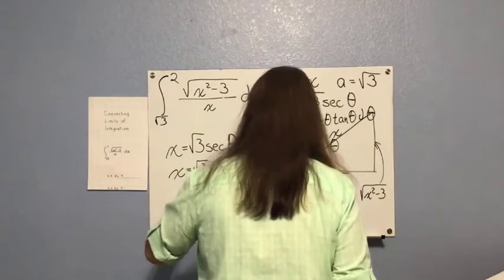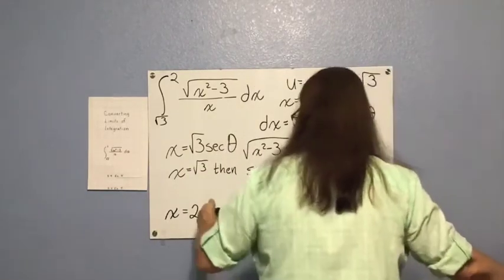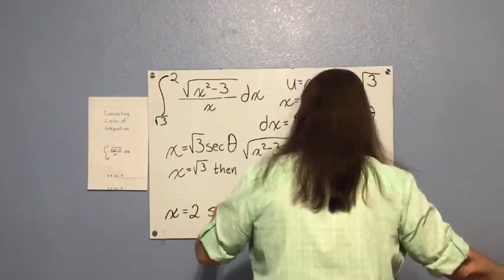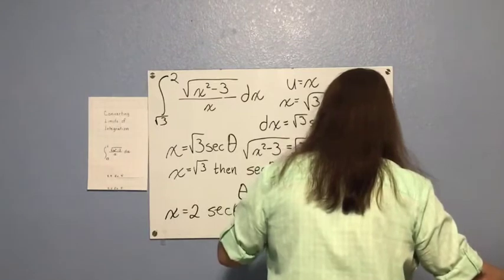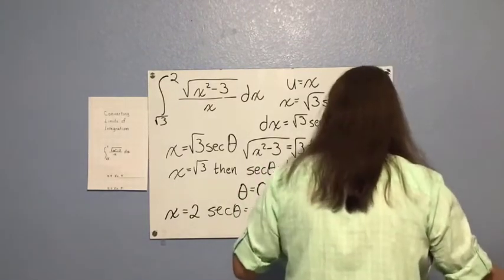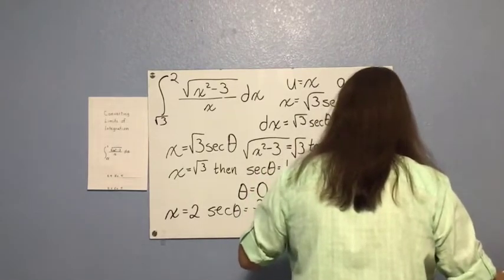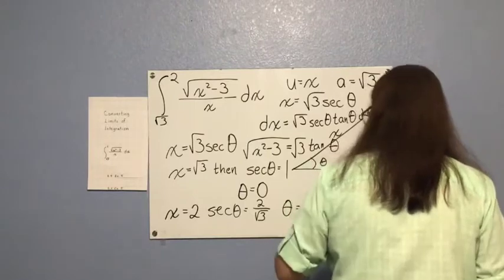When x equals 2, secant theta is 2 over the square root of 3. And theta is pi over 6.